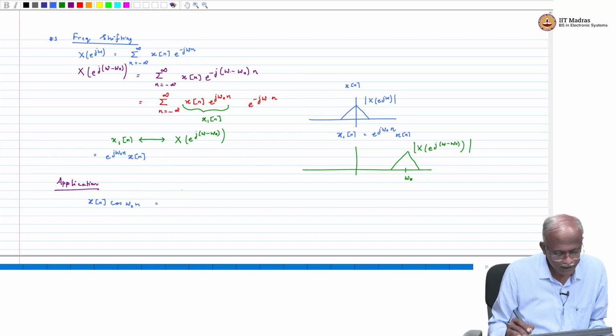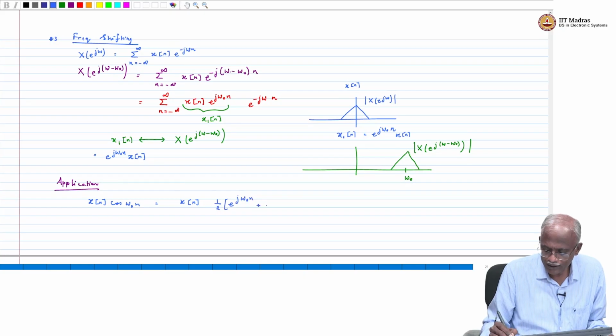So if you write this down, this is x[n] times cosine ω0n, which can be written as 1/2 of e^{jω0n} plus e^{-jω0n}.